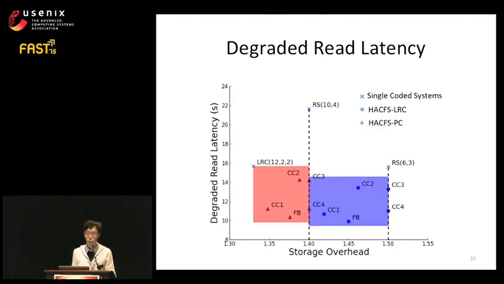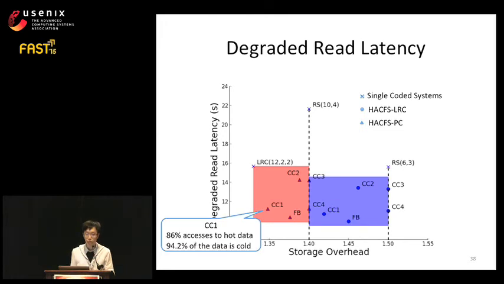Here we show the two HACFS implementations. The blue box is the HACFS implementation with product codes, with a bound of 1.5x, which is the Google Colossus storage overhead. The red box is the HACFS implementation with local reconstruction code, bounded by Facebook's production system.